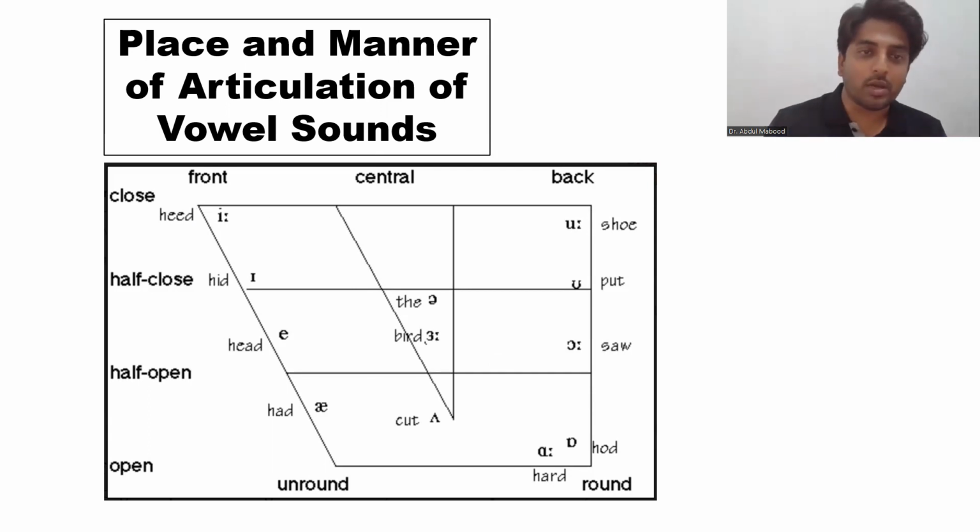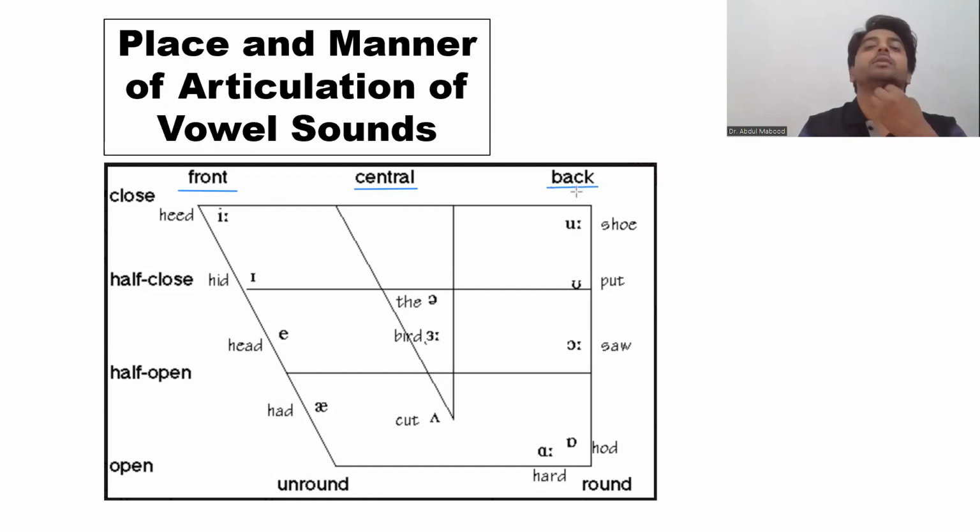Which sounds come from which part? Read the things that are written around this image. On the left side you can see front is written, then central. Front means the front of our mouth, central means the central part of our mouth, then back means at the back of our mouth.